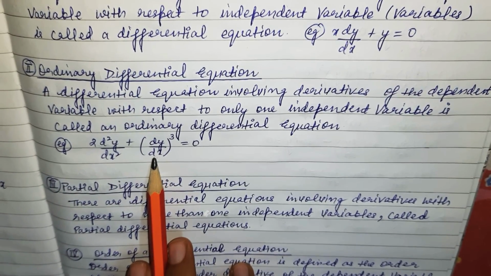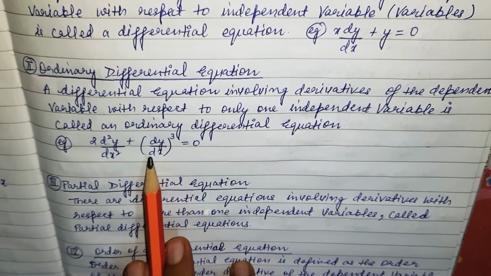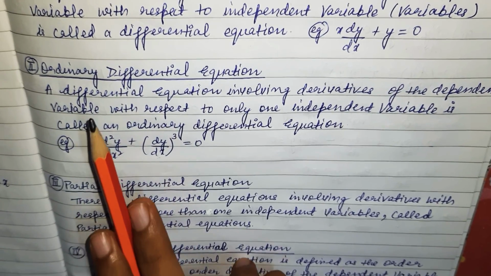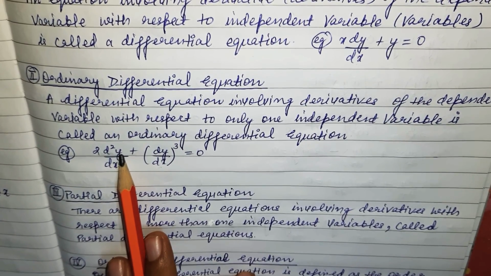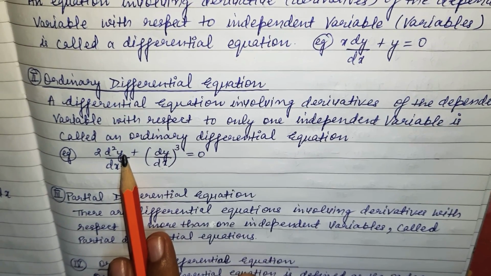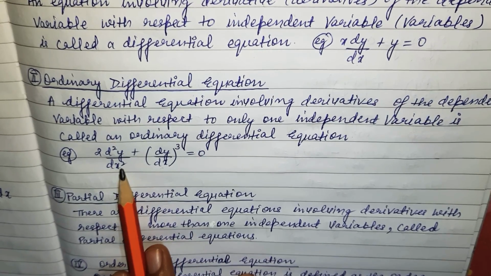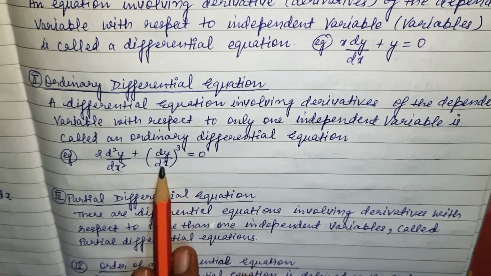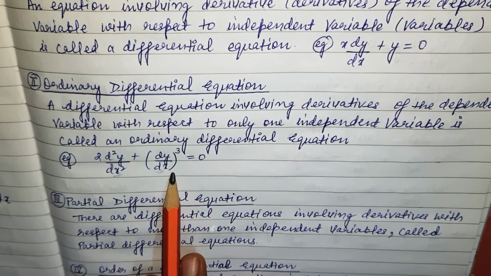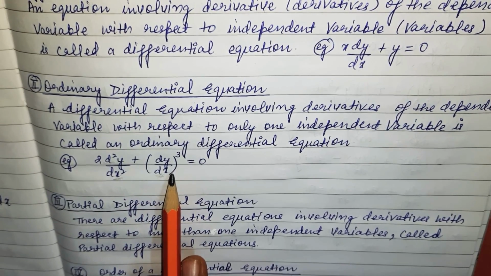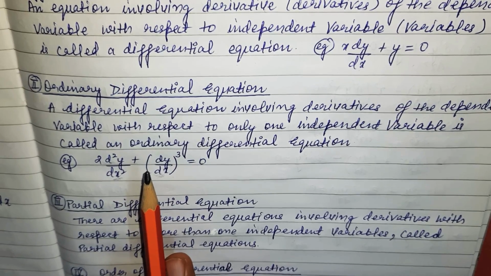Whenever we are involving any derivative of the dependent variable with respect to only one independent variable, that is said to be ordinary. That means in the denominator you will be getting x only if you are getting derivatives in the form of the ordinary differential equation.